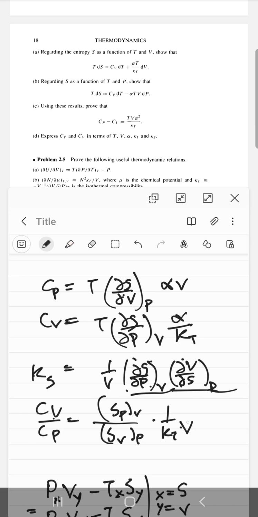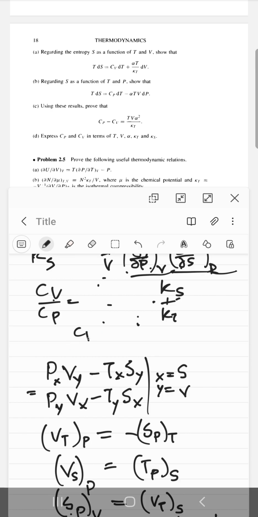You also have this volume term. The rest is exactly the same. So this just becomes Ks upon kT. This whole thing is just Ks. So what we have proved is that Cp upon Cv is just Kt upon Ks.